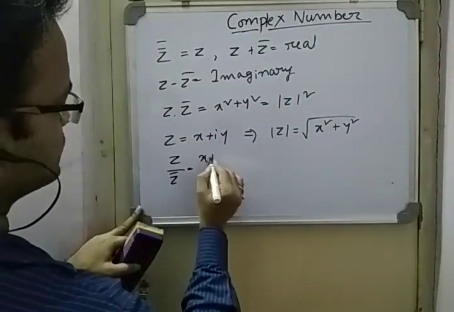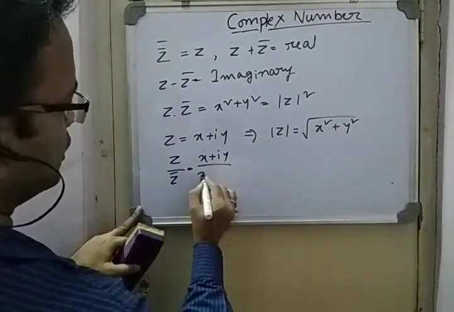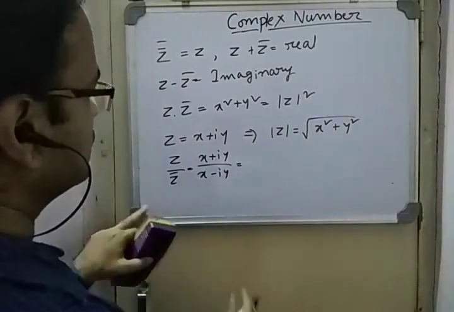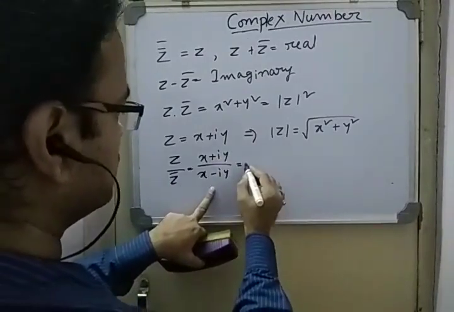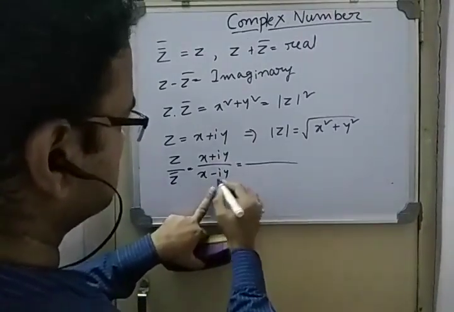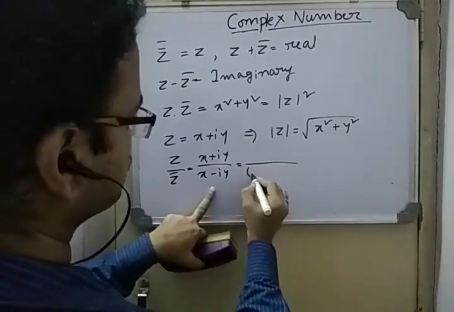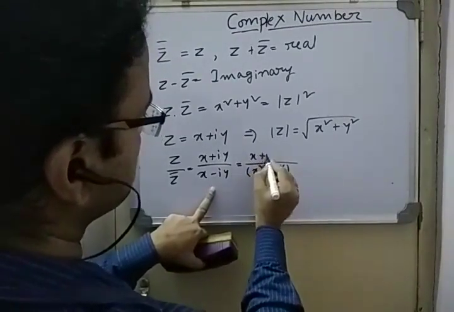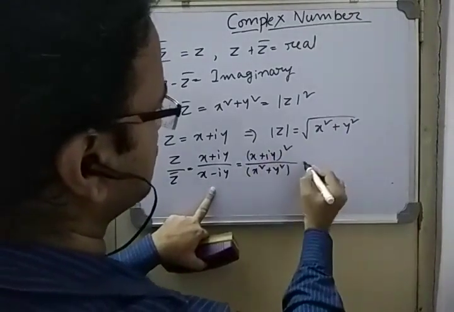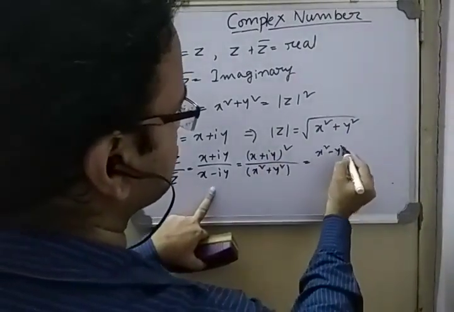z by z bar, what is this? x plus iy by x minus iy. Now multiply numerator and denominator with the conjugate of the denominator. So what does it become? x square plus y square in the denominator, and x plus iy whole square in the numerator. So it becomes x square minus y square.